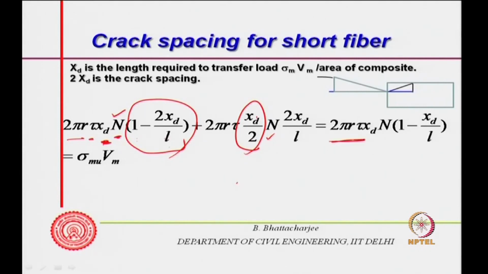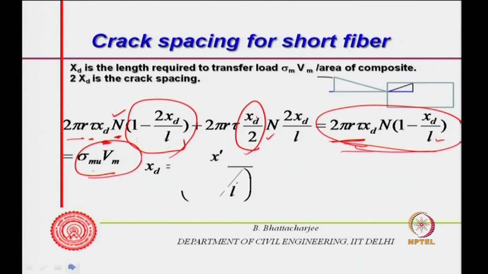And therefore, this bond force must be equal to sigma mu V m, because that is the force that can be carried. This gives us an expression for length, because we have earlier done simply twice pi r tau x dash times n, and n is equal to this, but now we are writing the same thing with x d as a new terminology, equal to sigma mu V m.